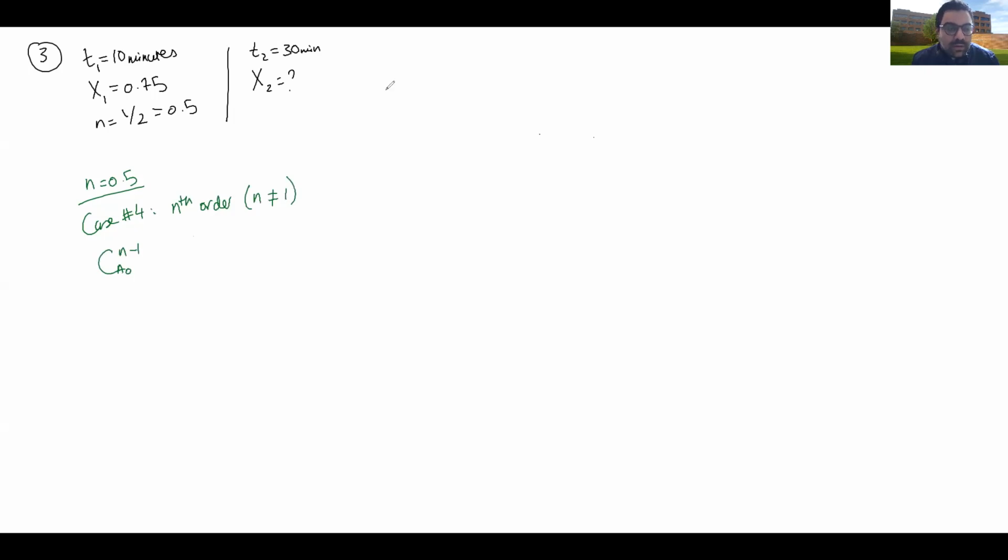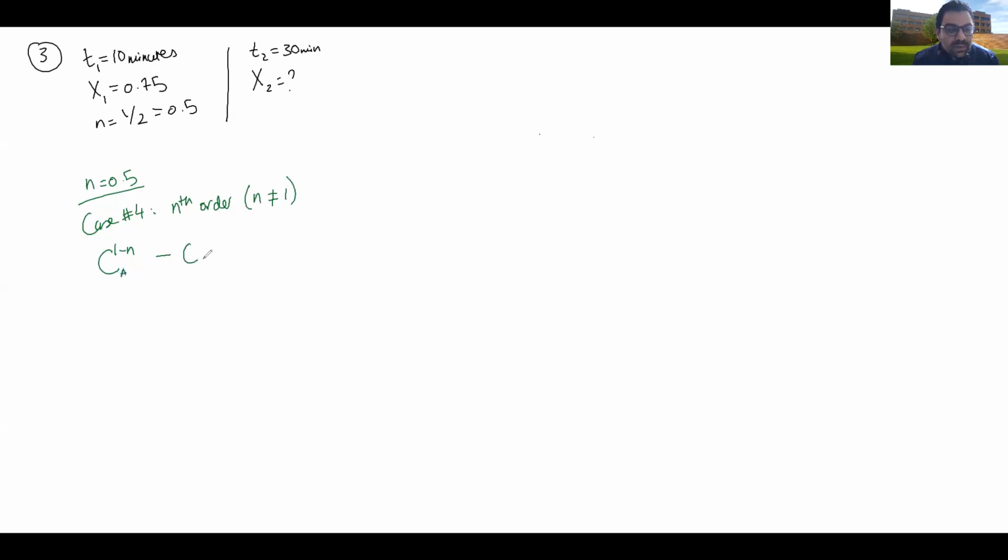Let me rewrite this. CA to the power 1 minus n minus, it's actually CA, sorry. Just be careful with these equations.